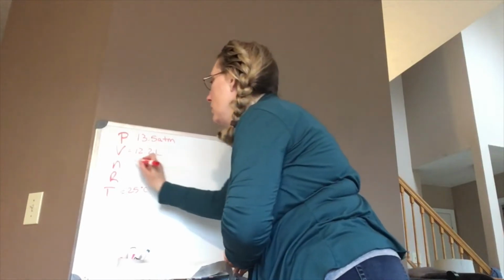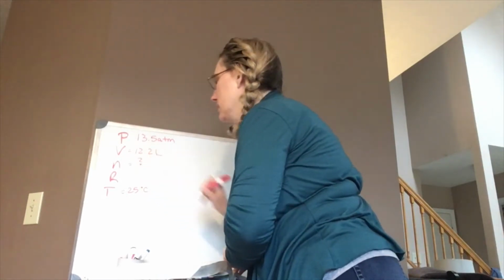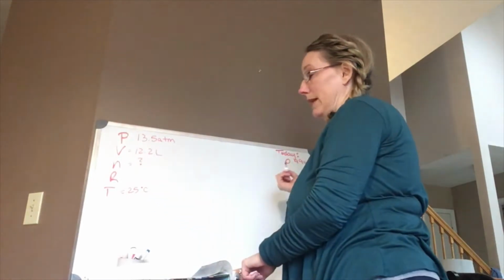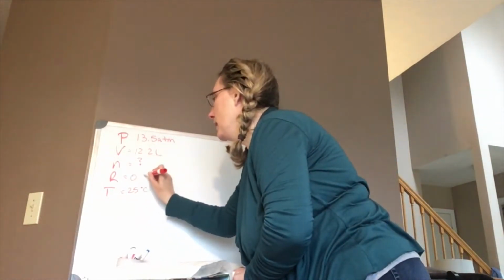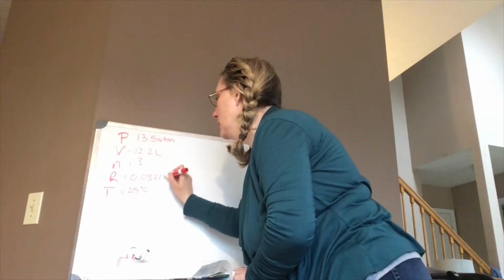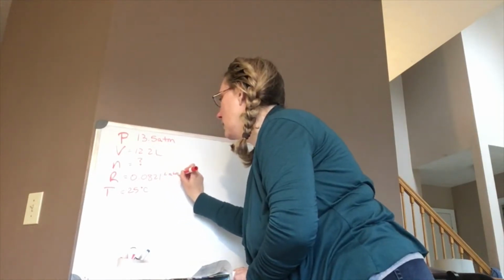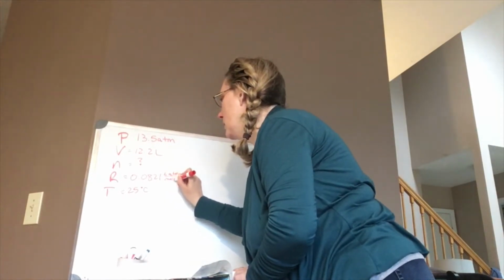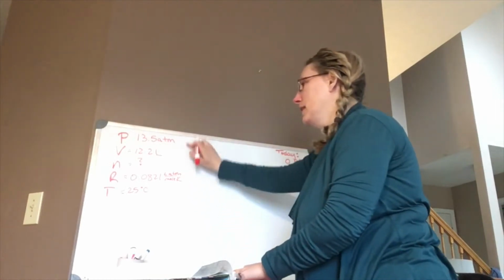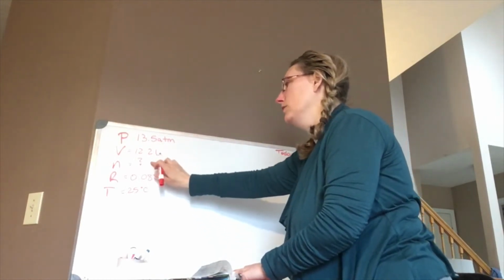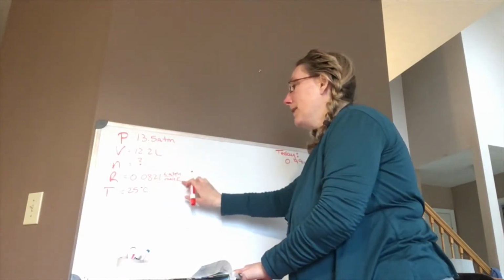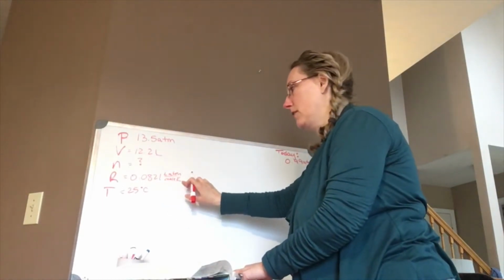How many moles of the gas are present? Well, we know R because we're going to memorize it. 0.0821 liters atmospheres per mole Kelvin, which tells me what all of my units need to be in. Fine with liters, atmospheres, I'm fine with moles because I'm going to solve for moles, but I need to always change my temperature to Kelvins.